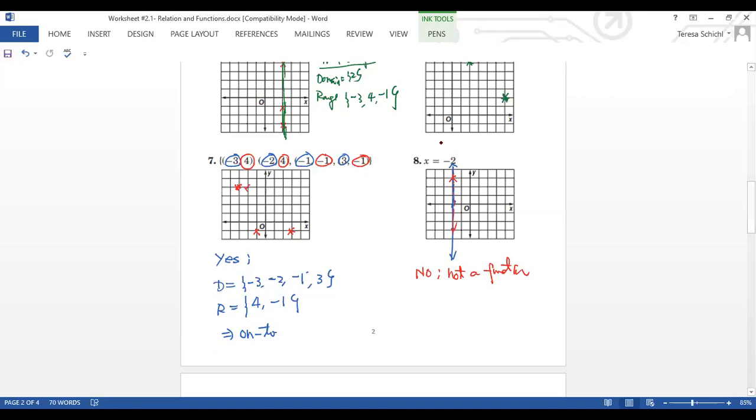Okay, so this is it for our first section. We just introduced a very basic concept: the function. Remember, for a function, every number in the domain can have only one value in the range. You cannot have two values in the range for one value in the domain.